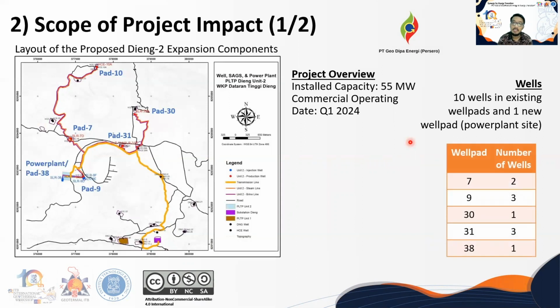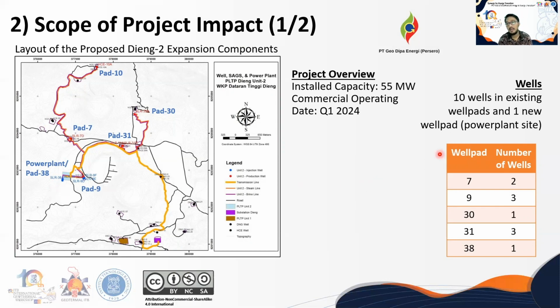So there will be another 10 wells to be drilled, located in 4 existing well pads and 1 new well pad. The new well pad, well pad 38, co-exists with the power plant site, as you can see here, shown in the light blue rectangle.